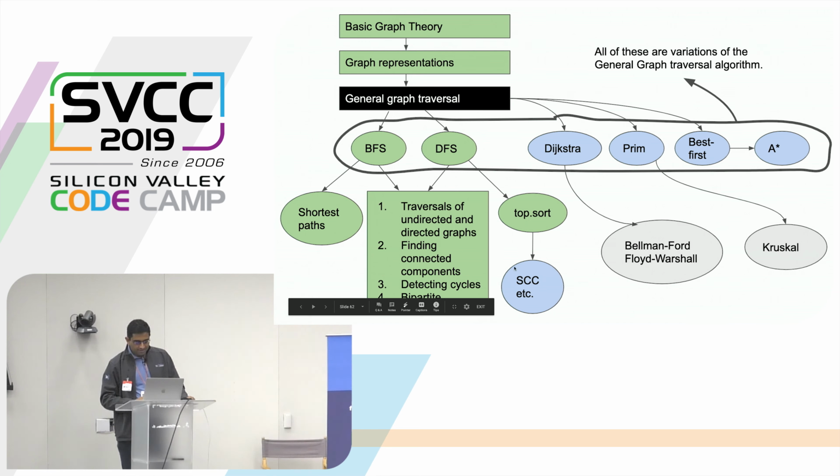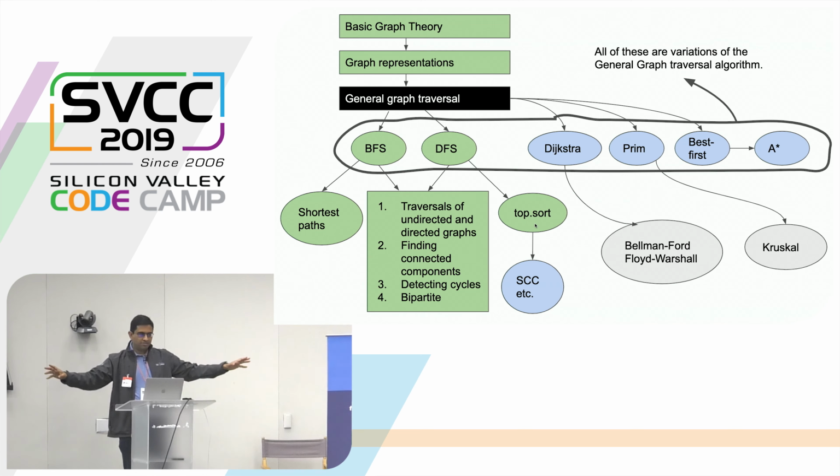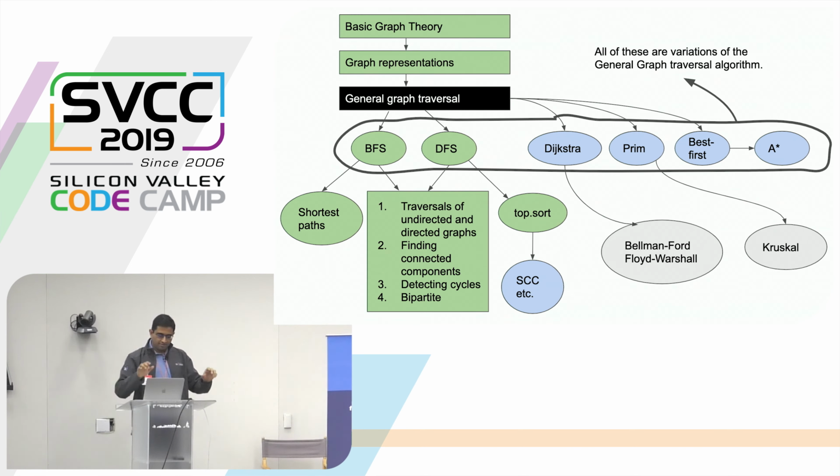And within this, a popular application of DFS is in doing a topological sort. Basically, instead of sorting a bunch of objects based on their values, you're sorting these objects based on these relationship arcs. So you sort the vertices in a way that all the relationship arcs are running from left to right. So we're talking about directed graphs here.